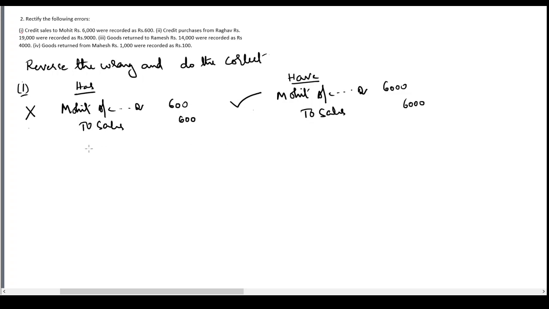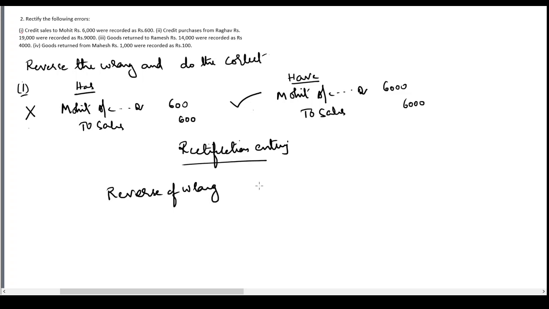So the reverse of this entry would be, what I'll write is, rectification entry would be reverse of wrong plus correct. This will be my rectification entry. Rectification entry would be equal to reverse of wrong plus correct.